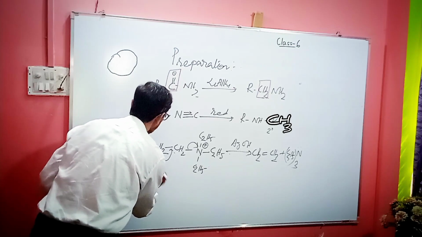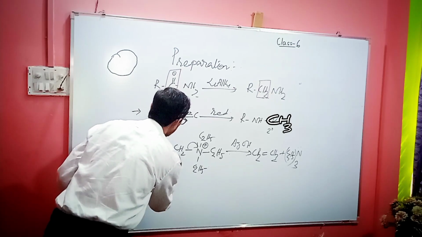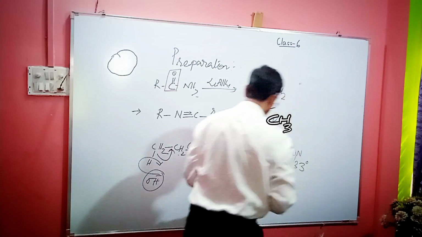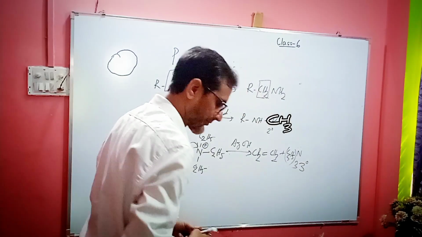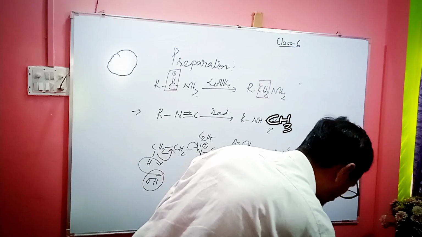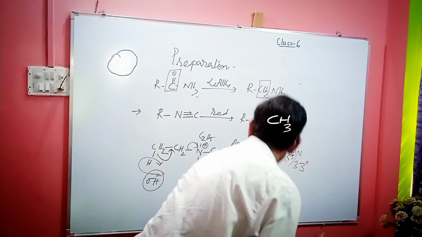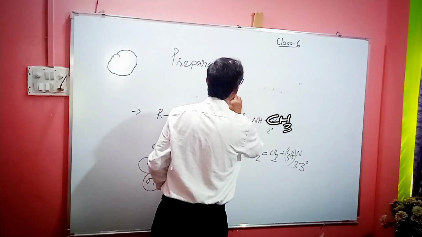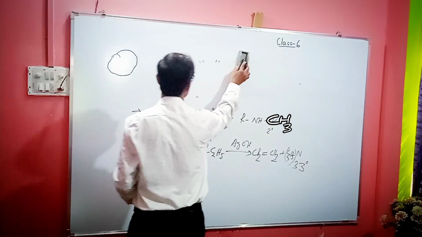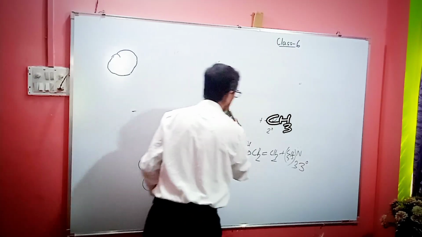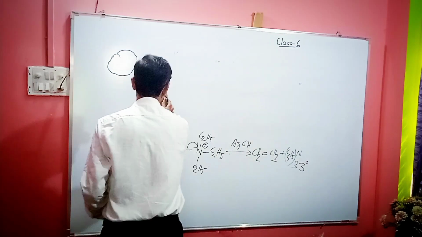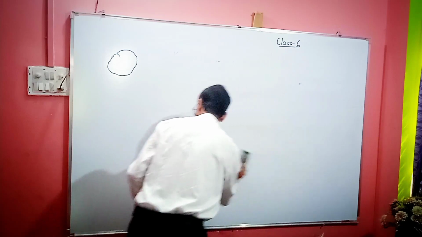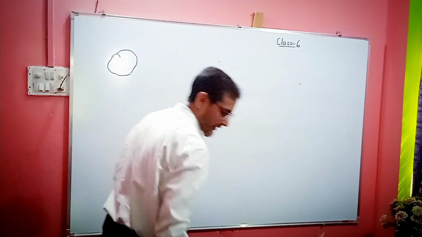It abstracts one hydrogen from this one, and this bond withdraws in this way, and we get 3 degree amine. This is elimination type of reaction. This is all about the reactions involved in the preparation of amine, 1 degree, 2 degree, 3 degree, etc.